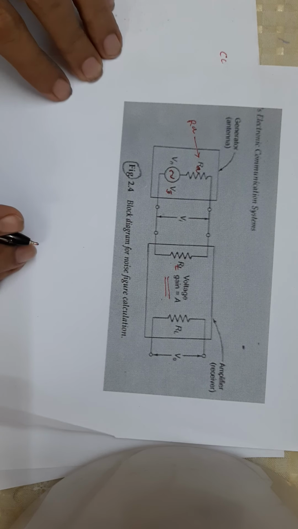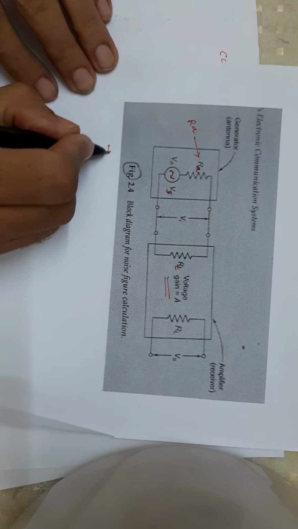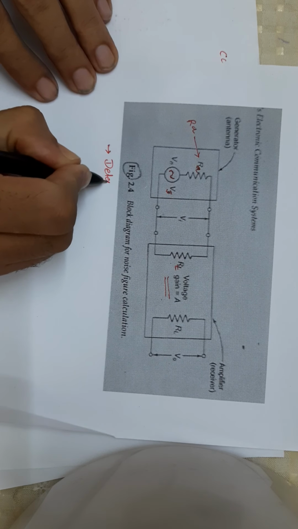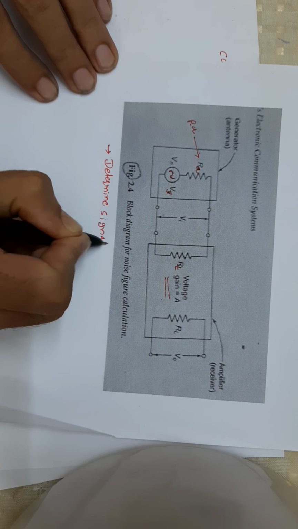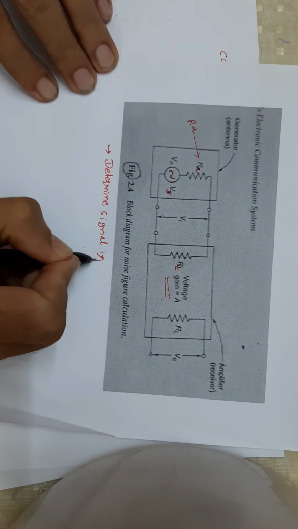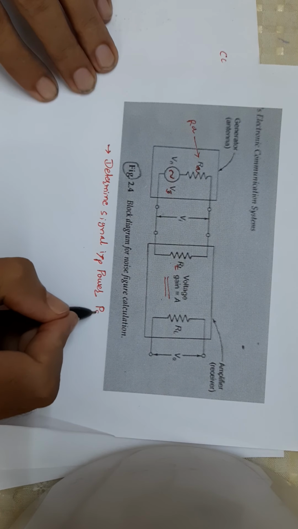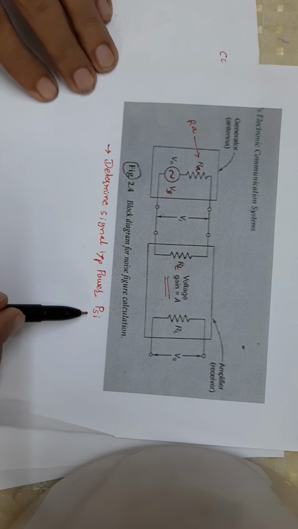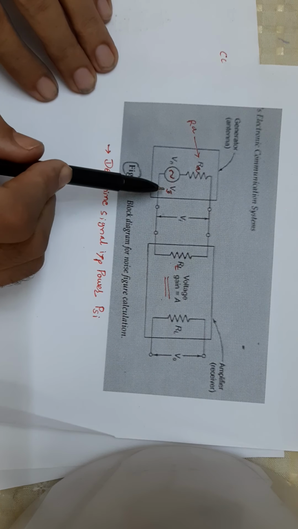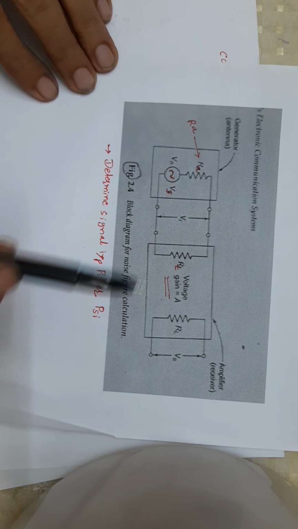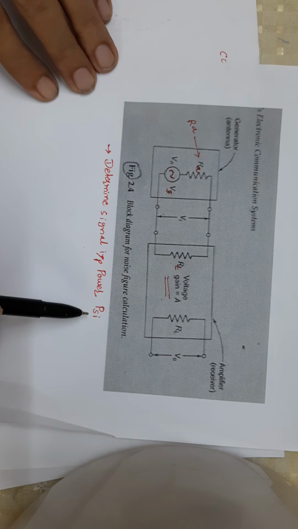The first step is to determine the signal input power, which is denoted by PSI. We use PSI because the input signal is VS, the signal voltage, so on the input side we use PSI.